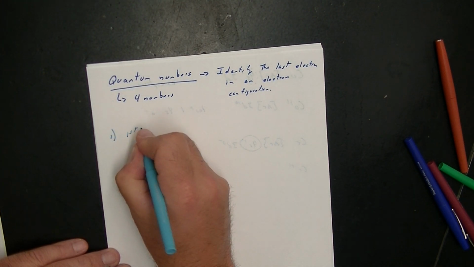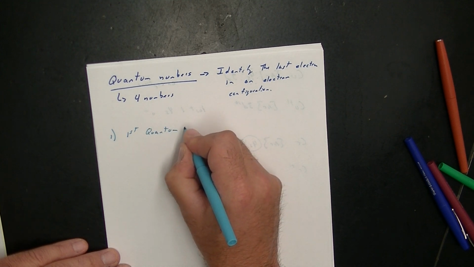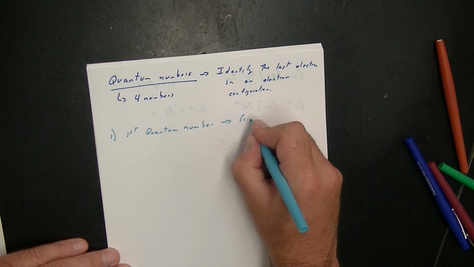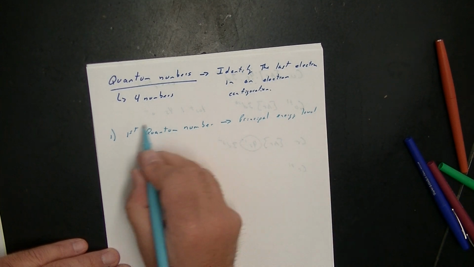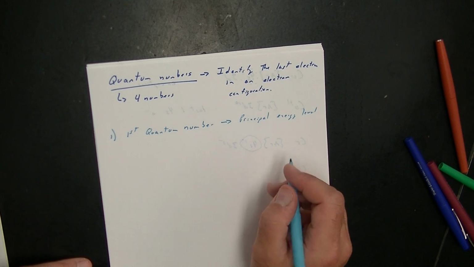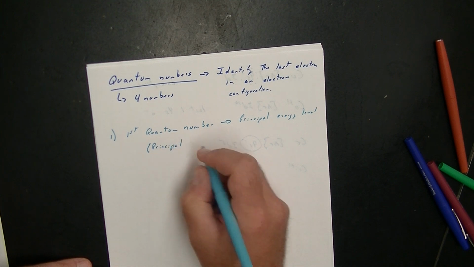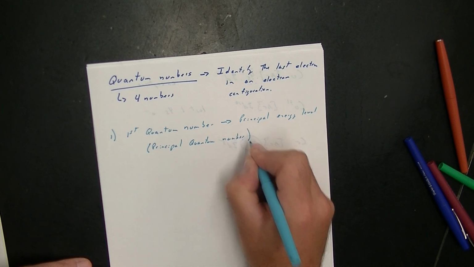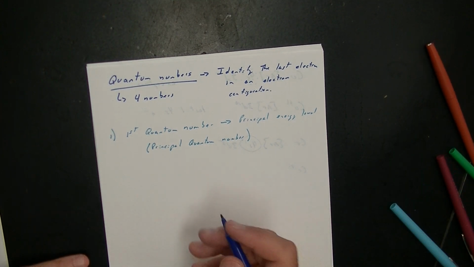The first quantum number identifies the principal energy level. Remember there are 4 of them, so the first one identifies our principal energy level. This is often called the principal quantum number. And I've already told you that the principal energy level is denoted n.